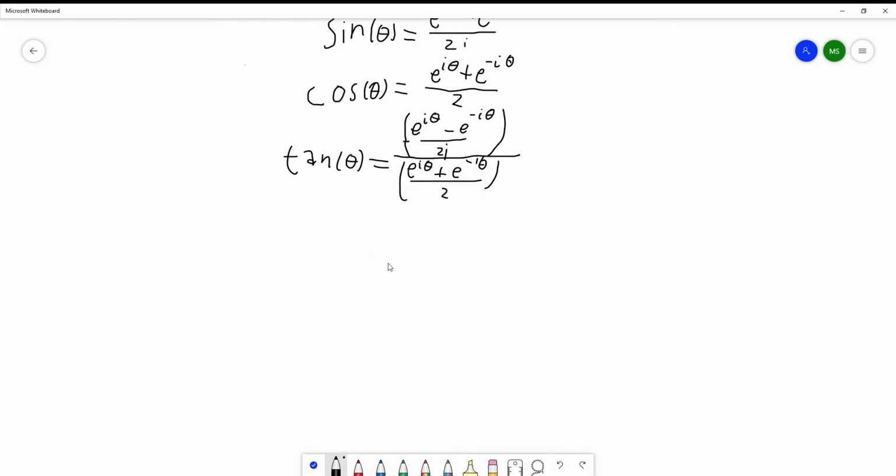Now we can rewrite this. This one stays the same, and we have to flip this one. So that's e to the i theta minus e to the negative i theta, but then we have to multiply by whatever is down there, that's 2.